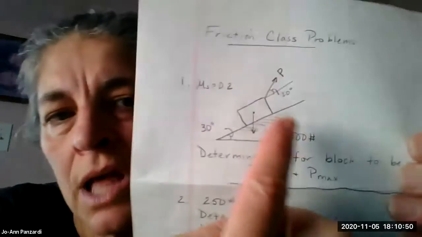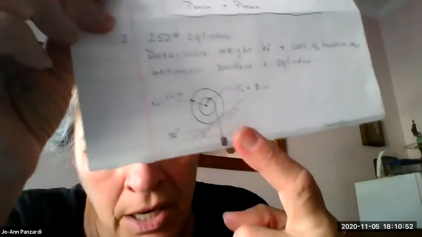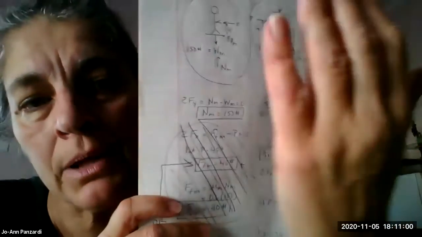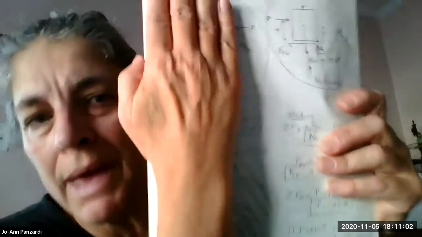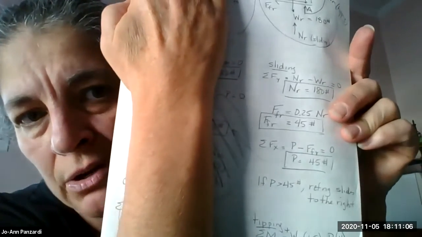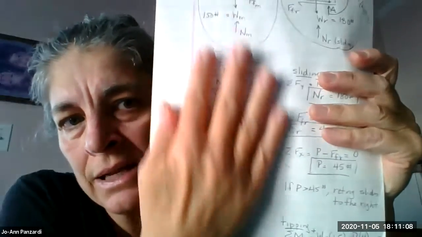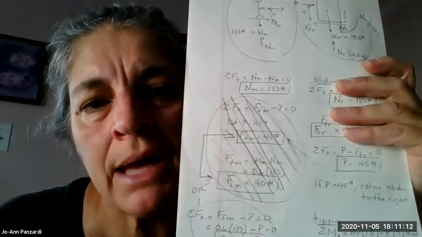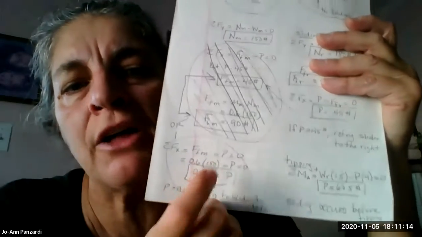In that first problem, we had to analyze the sliding twice. Here, when we analyzed it twice, we got a negative, so we knew it could only slide in one direction. And in this problem, we really didn't have to do the man at all because the problem only asked about the refrigerator moving. I just added the extra element. If there was another question asking whether the man is going to slide, you would have had to calculate this.